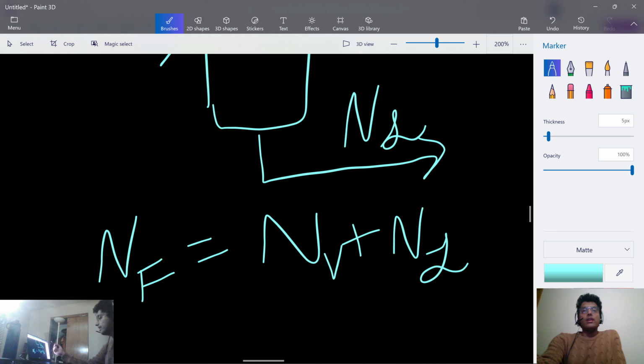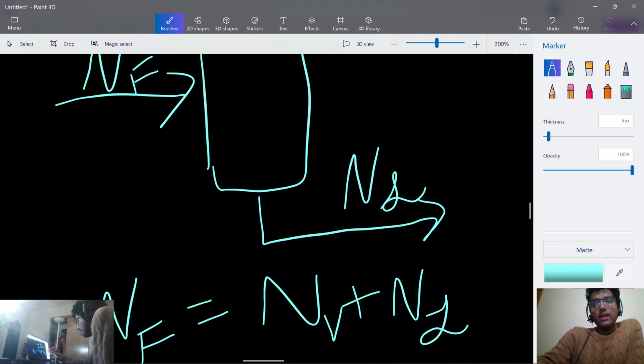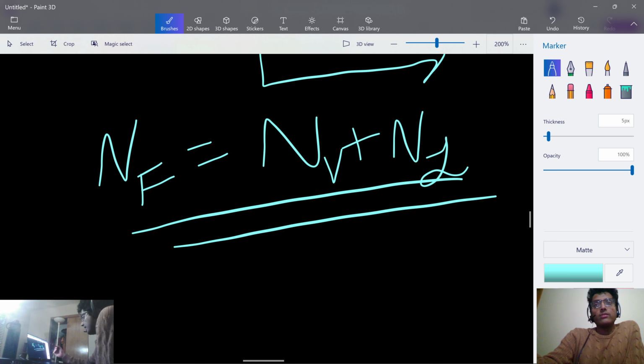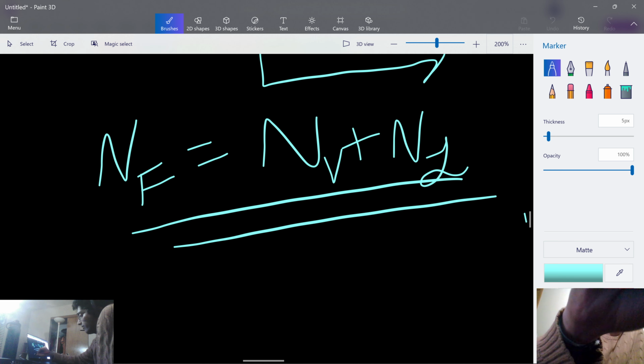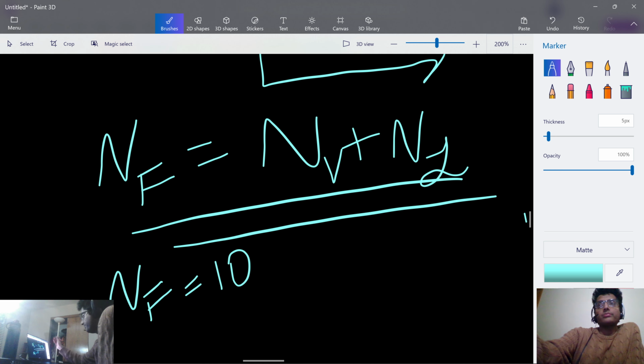From there, we can just use the same minimization procedures that we were using earlier to find the compositions. But we want to keep this mass balance in account, so that's one of our quote unquote constraints, NF equals NV plus NL. This occurs at a certain temperature and pressure that we're going to find. And for us, NF equals 10.